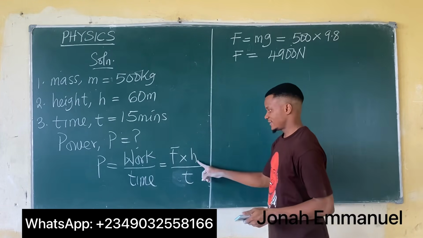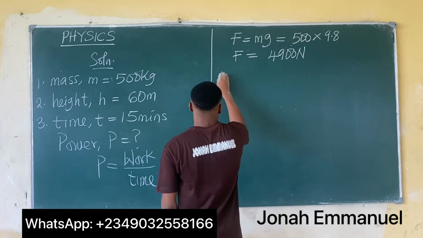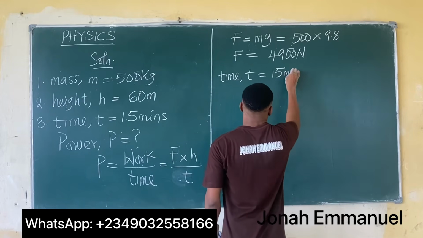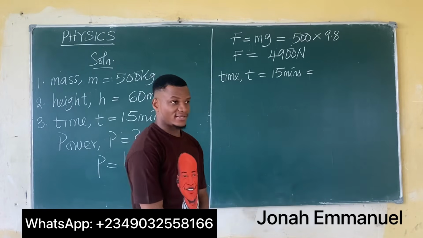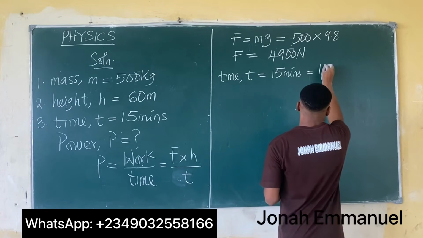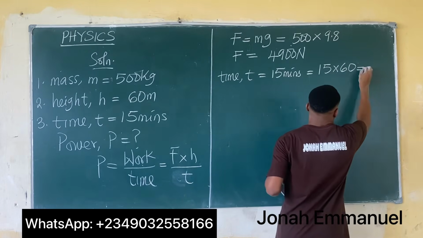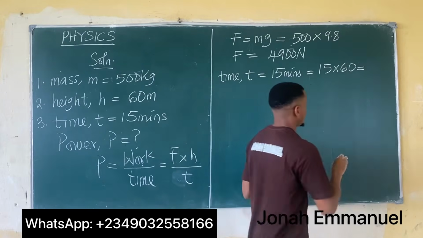The height is 60. The time is in minutes, so time T equal to 15 minutes. Convert minutes to seconds. Of course, we have to multiply by 60. That becomes 15 times 60. This is how you convert time from minutes to seconds. So 15 times 60 is about 900 seconds.